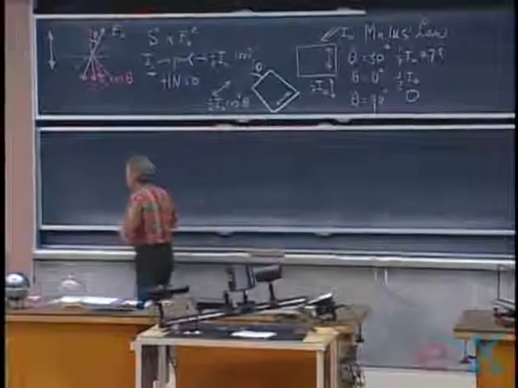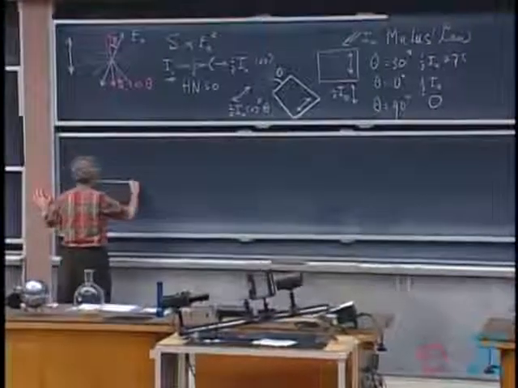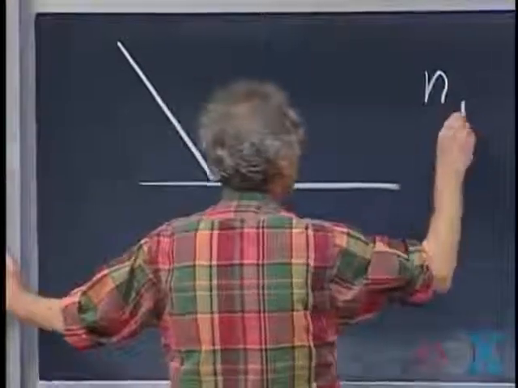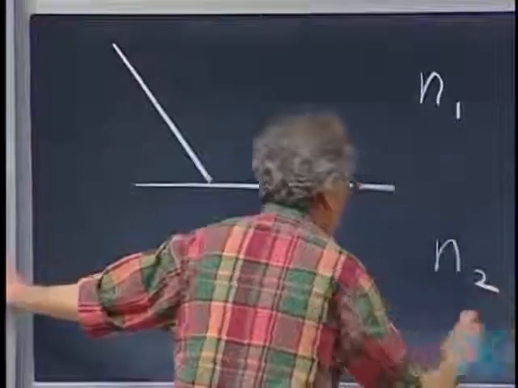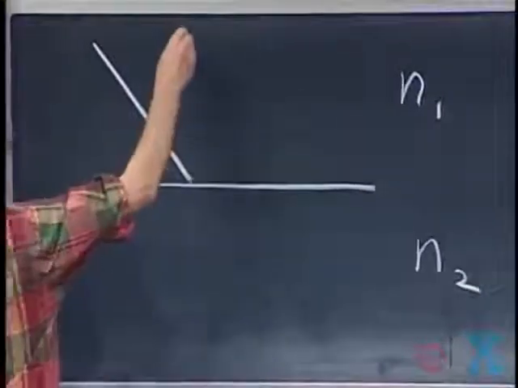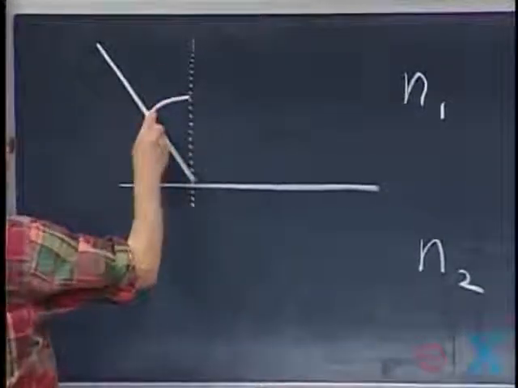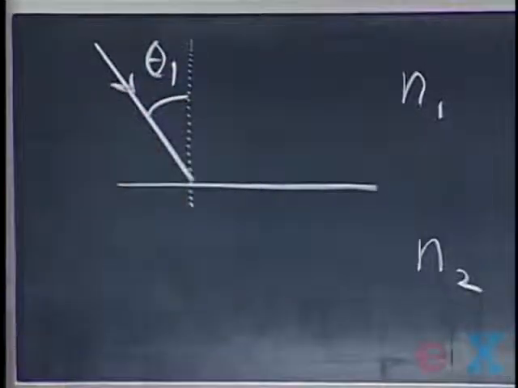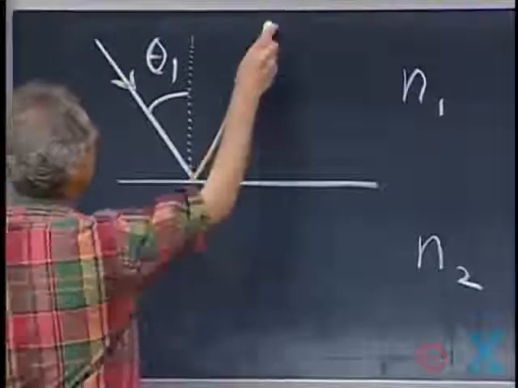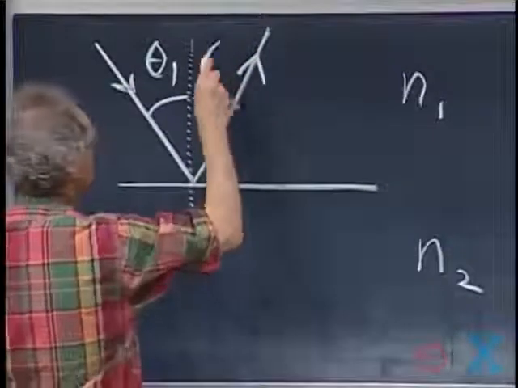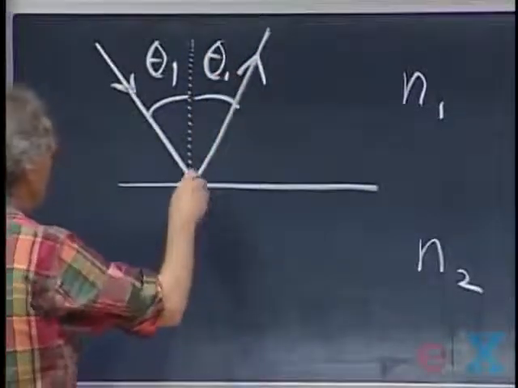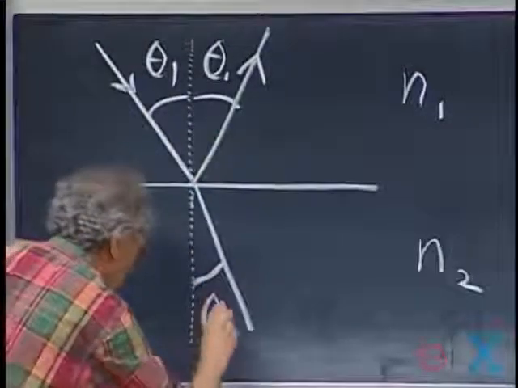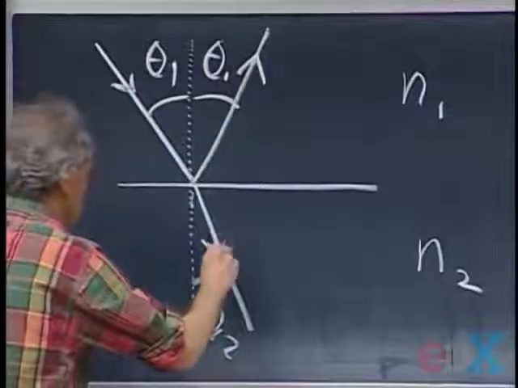Suppose I have unpolarized light coming in. Here, medium 1 index of refraction N1, medium 2 index of refraction N2. It's coming in at an incident angle of theta 1, unpolarized. Some of it is reflected, and this angle is also theta 1 as we discussed earlier, and some of it is refracted into this medium, and this angle we'll call theta 2.